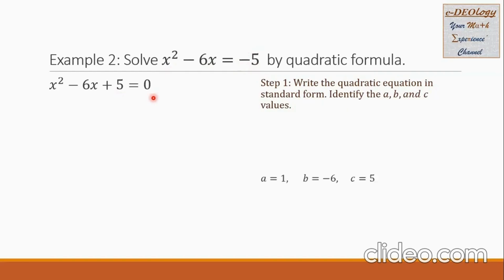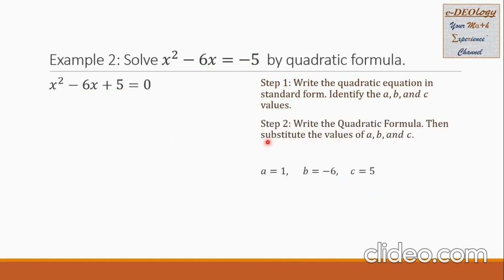Then we will identify the a, b, and c. For our a, the coefficient of x² is 1. The b, the coefficient of x is −6. And the c is the constant. Step 2, we go now to our quadratic formula. Then we will substitute the values of a, b, and c.